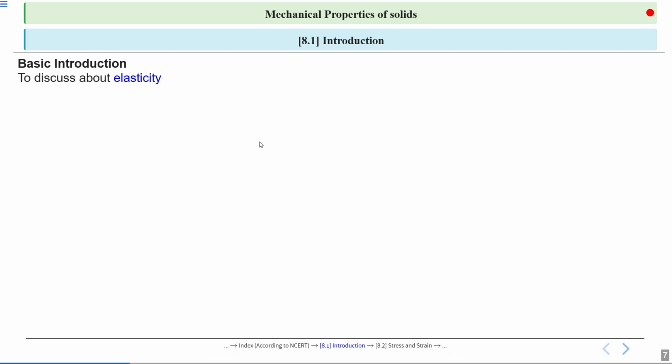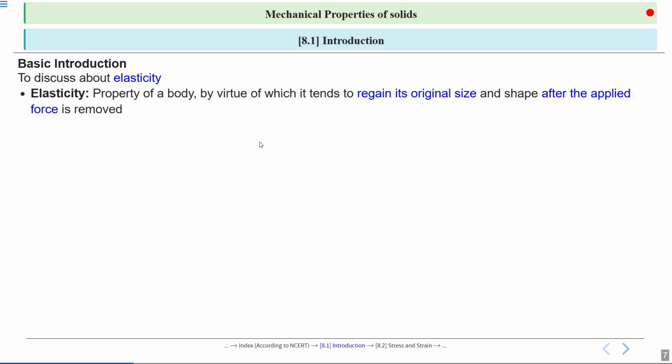So, if we talk about elasticity, we can say it is the property of a body by virtue of which it tends to regain its original size and shape after the applied force is removed. This is important because it determines how materials can be used in various applications, from construction to manufacturing.